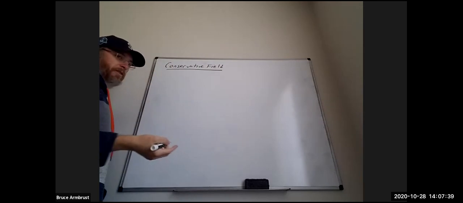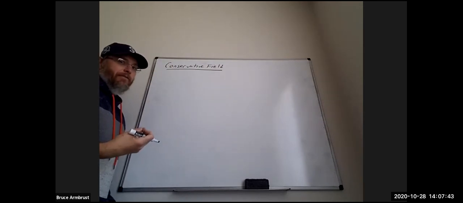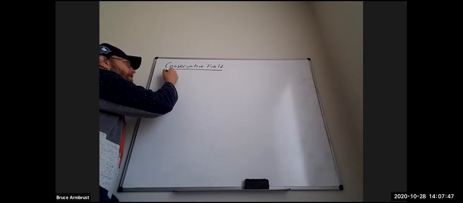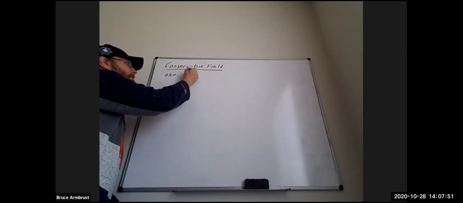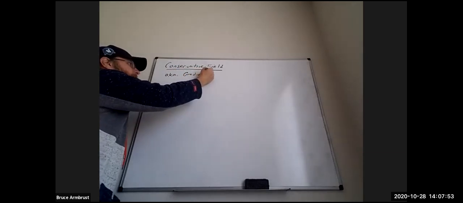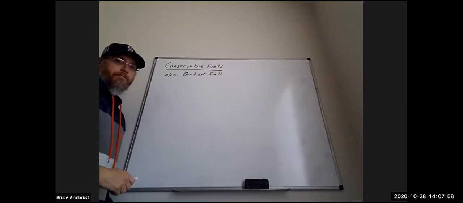Just so you know, there is another name for conservative fields. I never call them anything but conservative fields. But another name for these, also known as AKA, these are sometimes called a gradient field. You'll see why in a second.